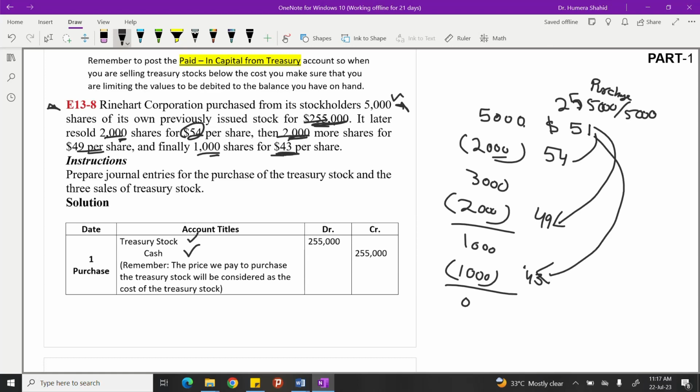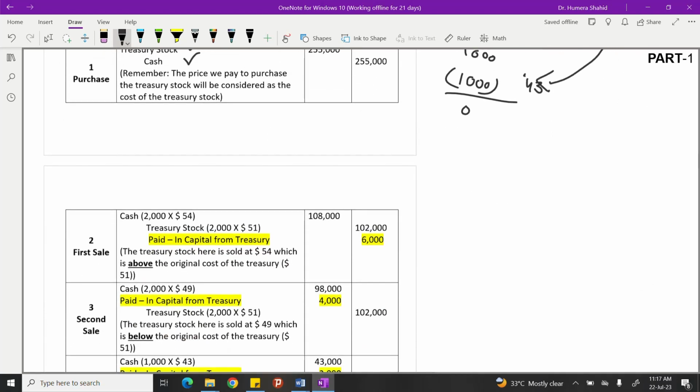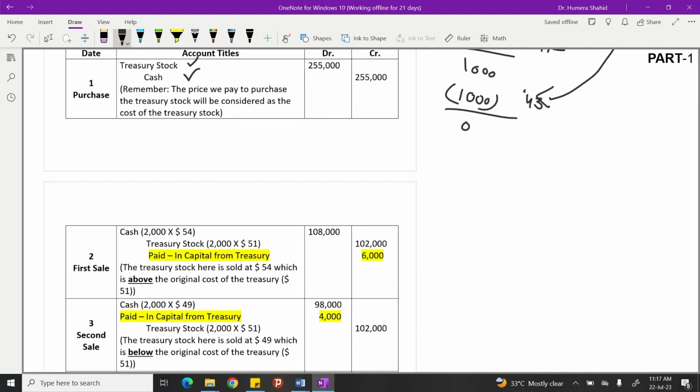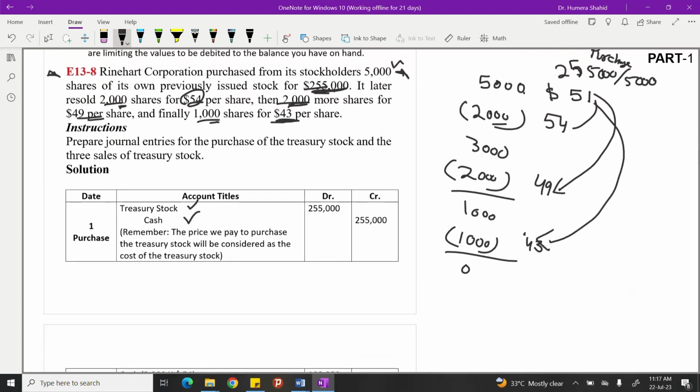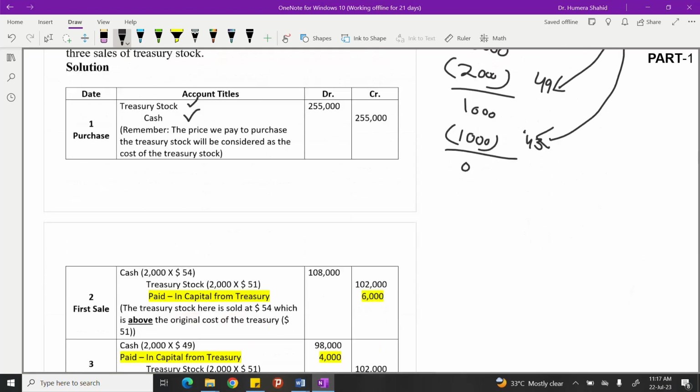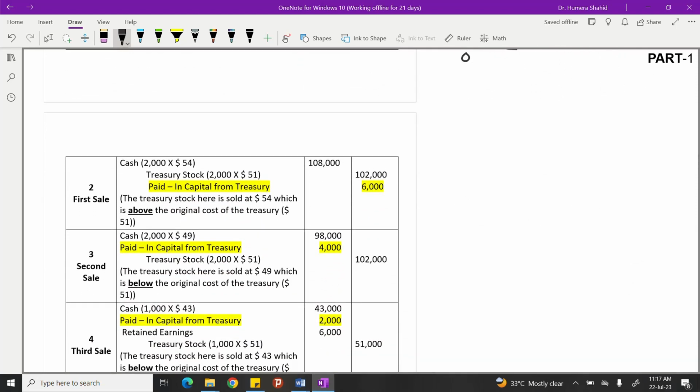So let's record all these journal entries for issuance. Out of 5,000 shares, firstly 2,000 shares you reissued. The issue price is 54, and for the second reissuance it's 49. When you reissue at 54, cash gets debit. 2,000 shares reissued at 54, that is 108,000.